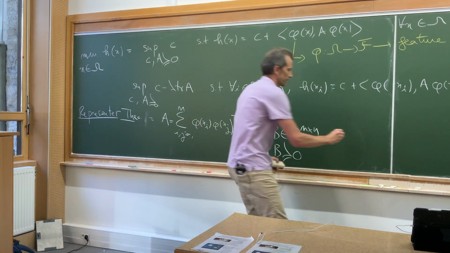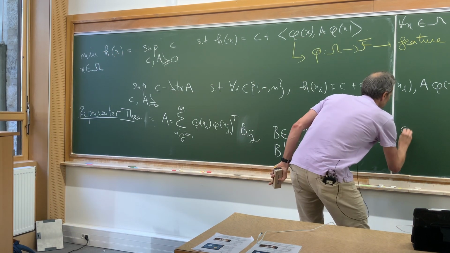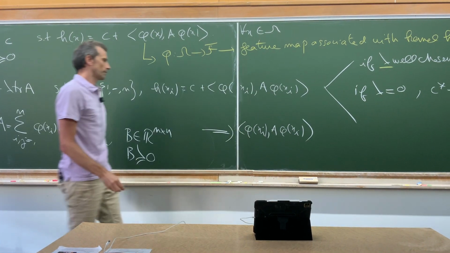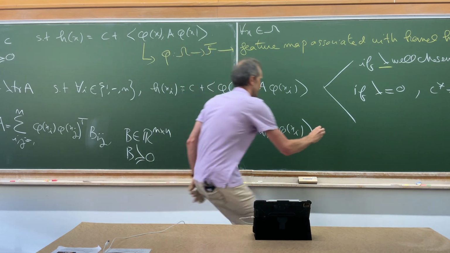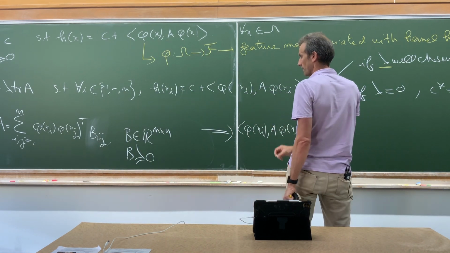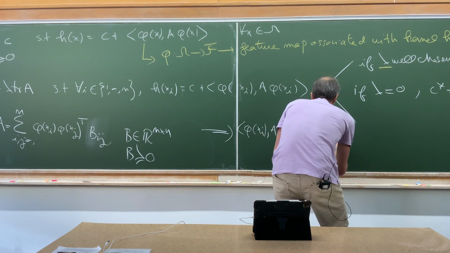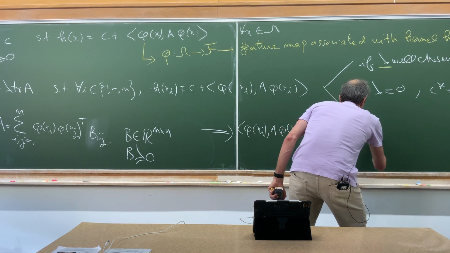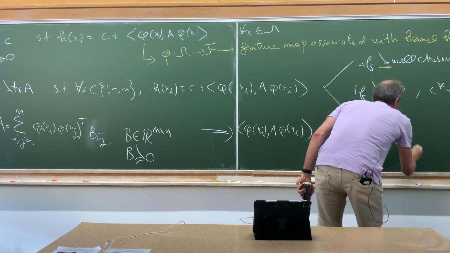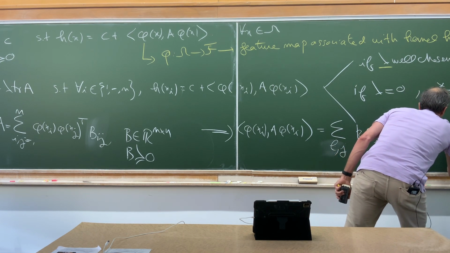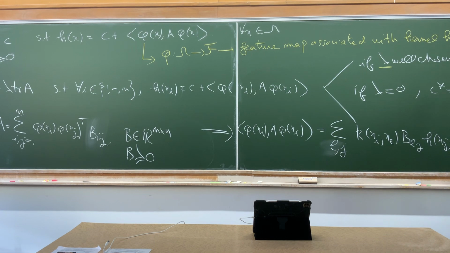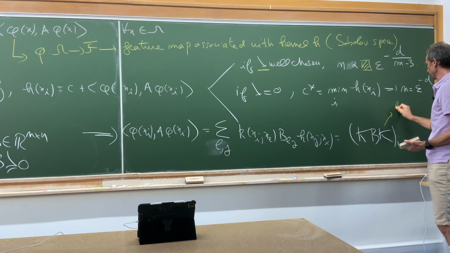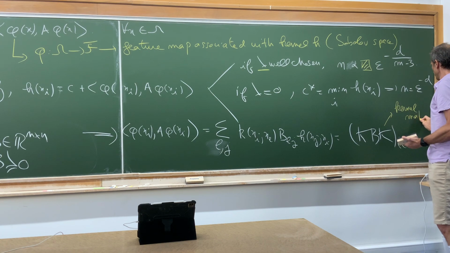But what counts here is the fact that you can rewrite everything. So you can write phi of x_i transpose A phi of x_i. If you expand A, what you will get is a sum over k, sum over l, j of k of x_i, x_l, b_lj, k of x_j, x_i, or in other words, k B k, where k is the kernel matrix.